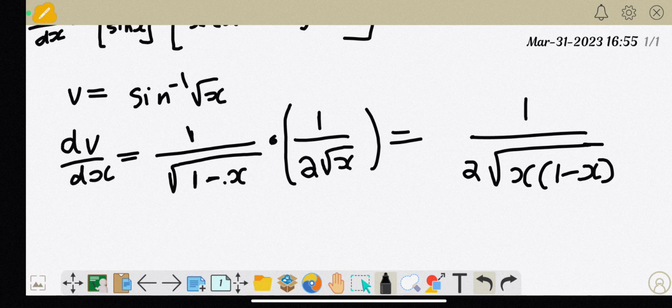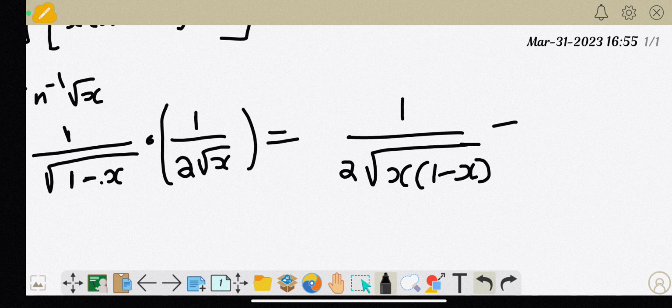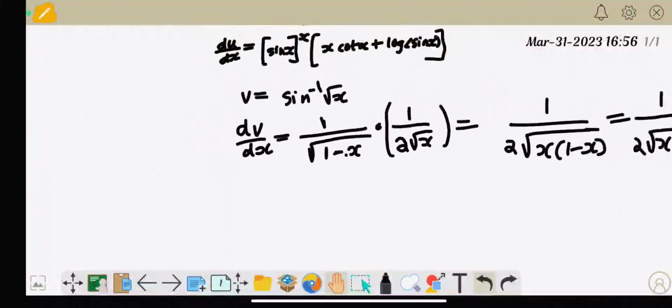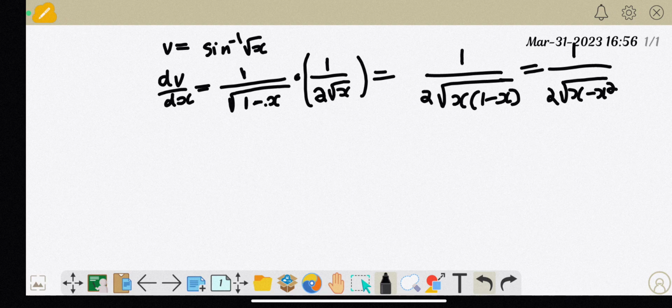Then next step, you can multiply this within it. So it will be 1 by 2 root of x minus x square.